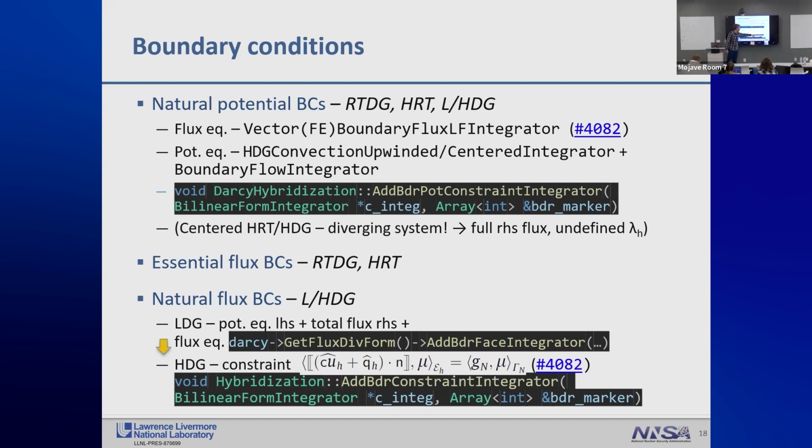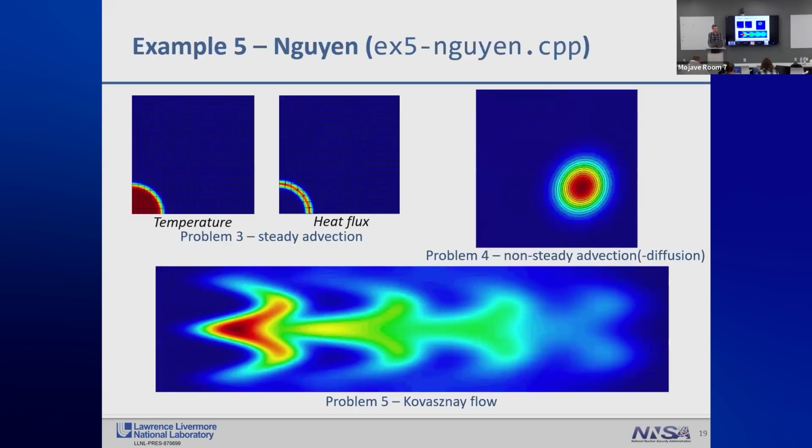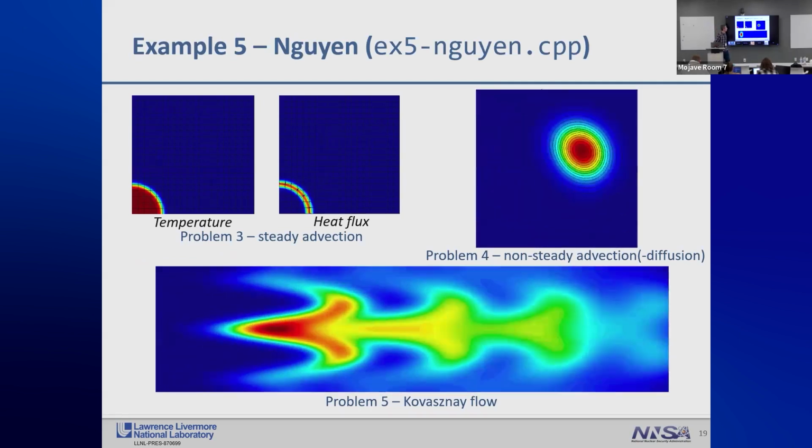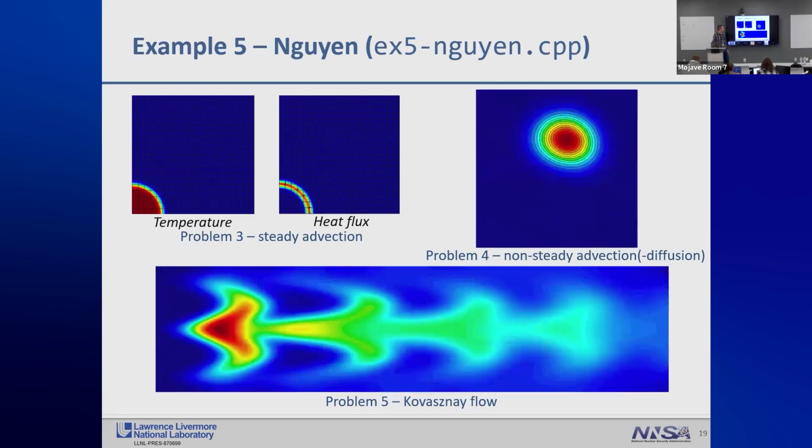So we have some extra integral term at the boundary, which was introduced in this PR also for hybridization. And okay, with that we have all ingredients, and we are able then to implement all problems from the paper.